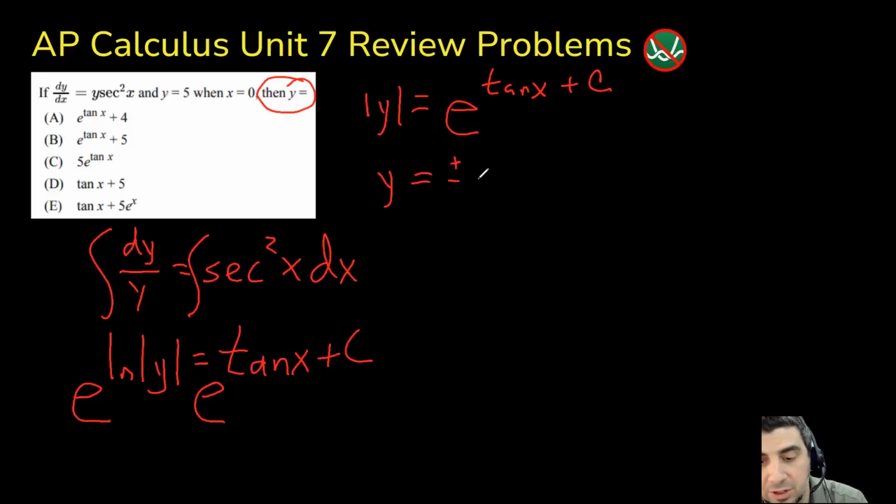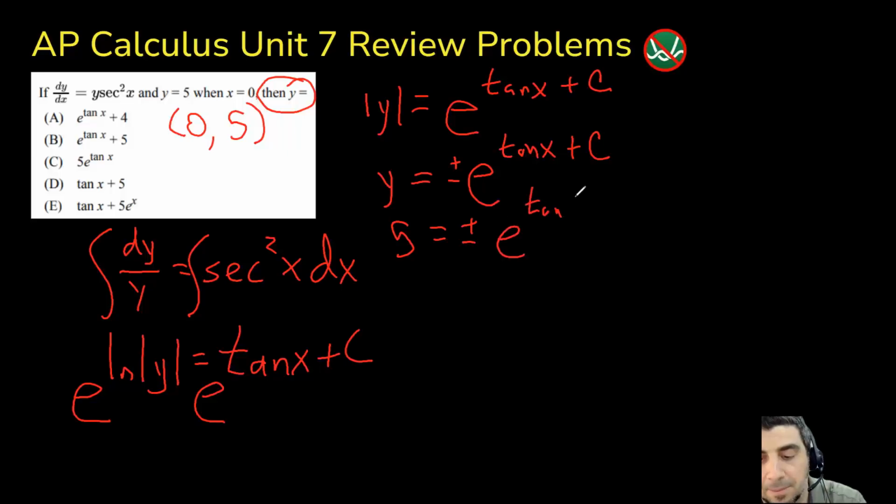So this is another situation where you want to account for the plus or minus. And then we can substitute in our initial condition. So that's essentially the point (0, 5). So 5 equals plus or minus e to the tangent of 0 plus c. Tangent of 0 is 0, so this would simplify to 5 equals plus or minus e to the c.